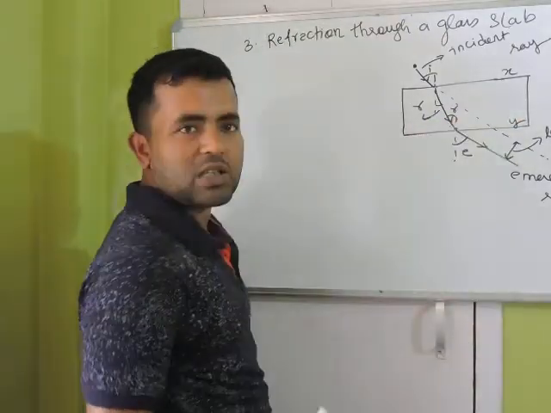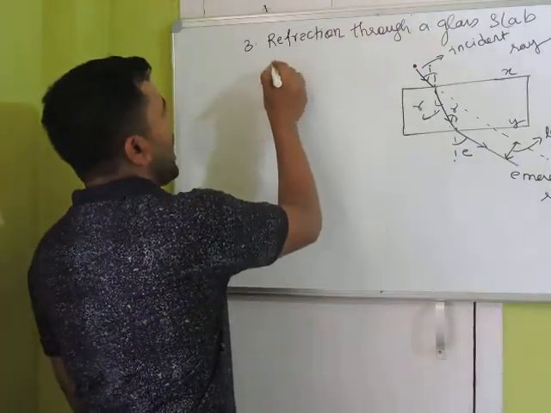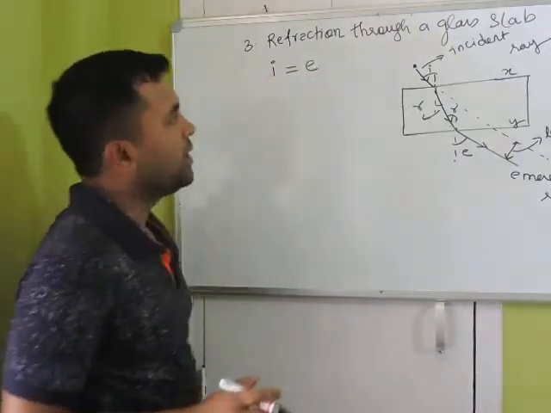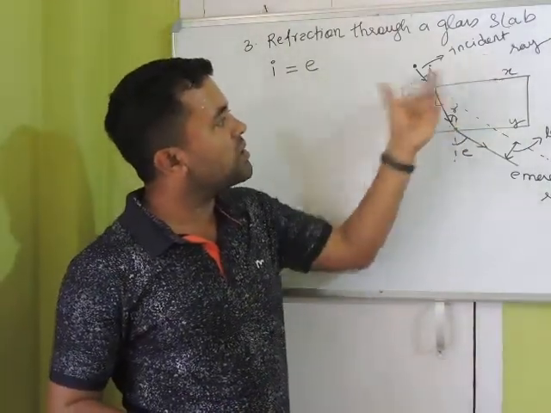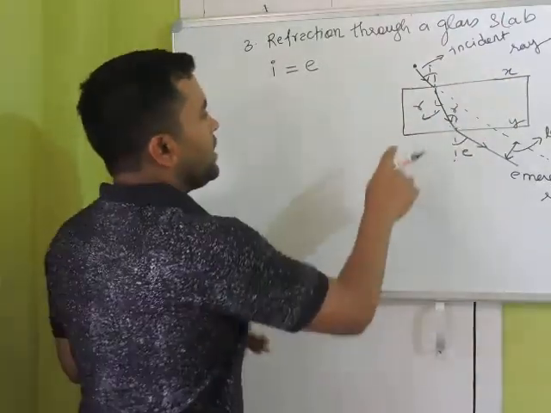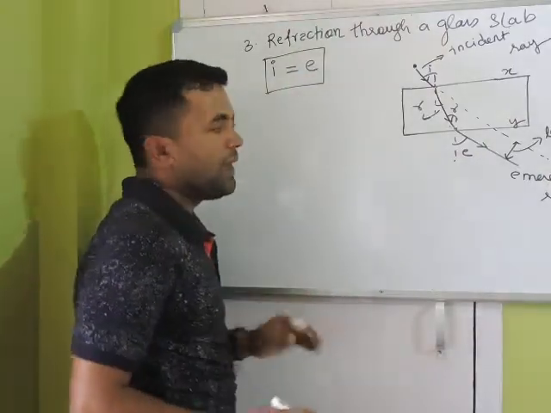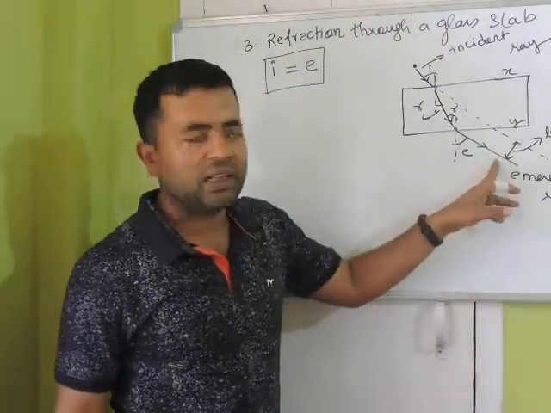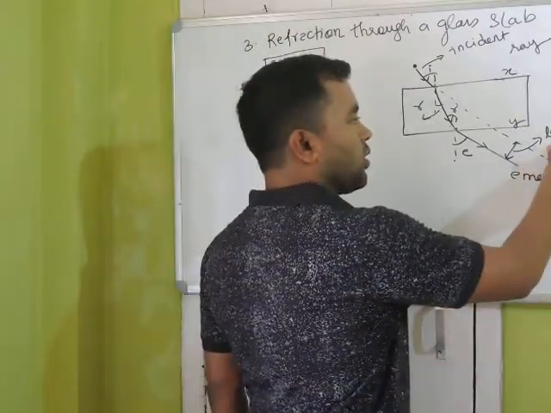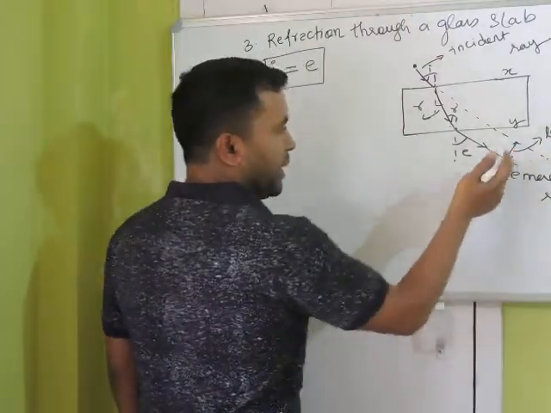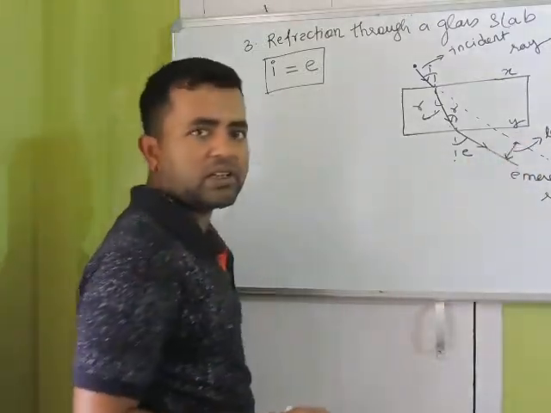If you apply Snell's law on the surface X and then at the surface Y, you will find that I is equal to E. Please see the last lecture. That means that the emergent ray is parallel to the incident ray. The perpendicular distance between the emergent ray and the incident ray is called lateral shift.